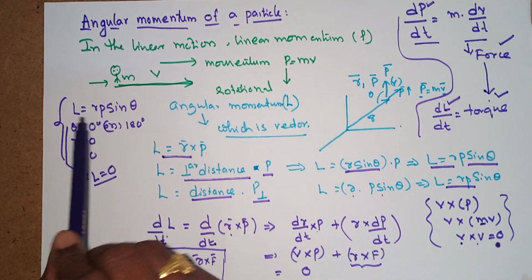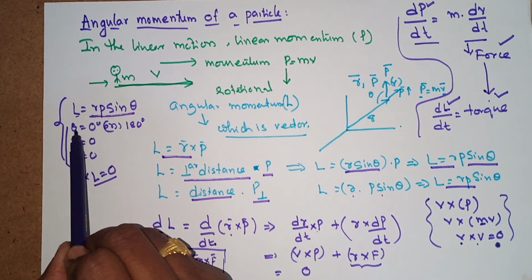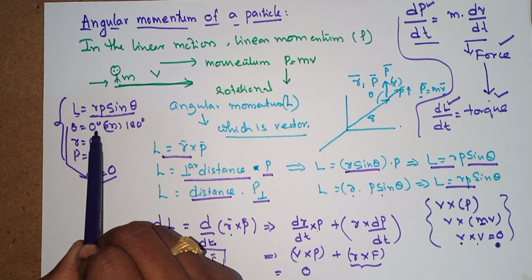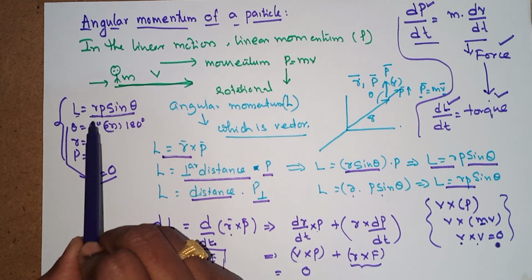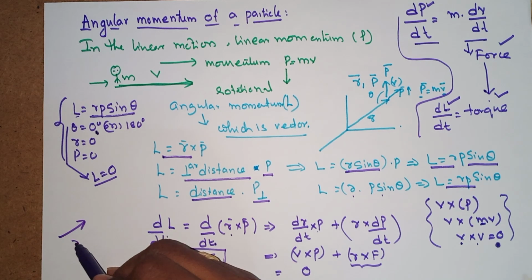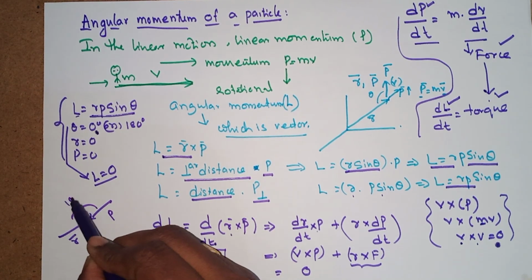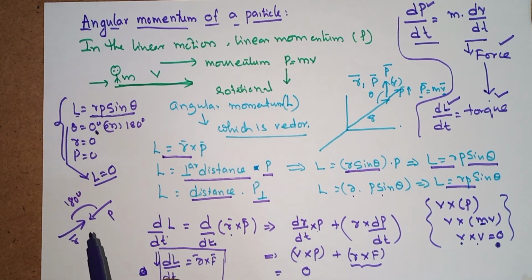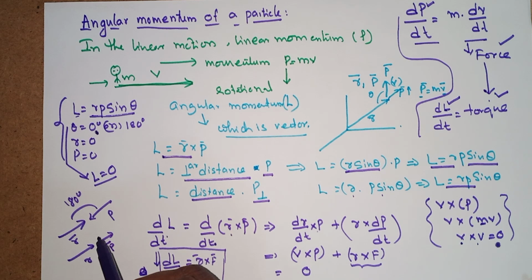Now see that when you write L is equal to r p sin theta, if theta is equal to 0, the angle between r and p, the momentum vector and position vector, is 0. Otherwise anti-parallel, meaning 180 degrees. Simply this is the r vector and this is the p vector. Now what happens? At 180 degrees the angular momentum becomes 0. When the body moves along the r vector, the angular momentum becomes 0, no rotation.